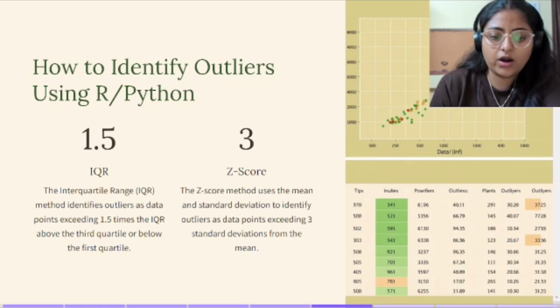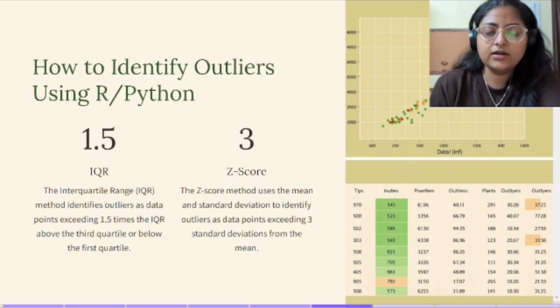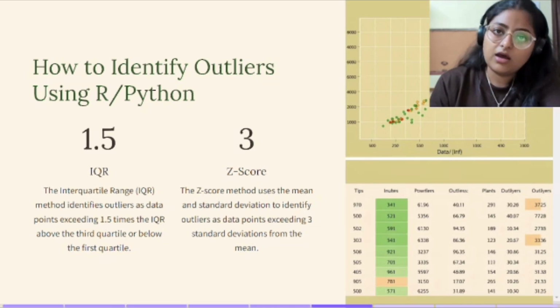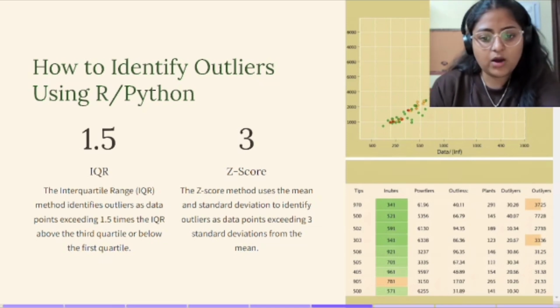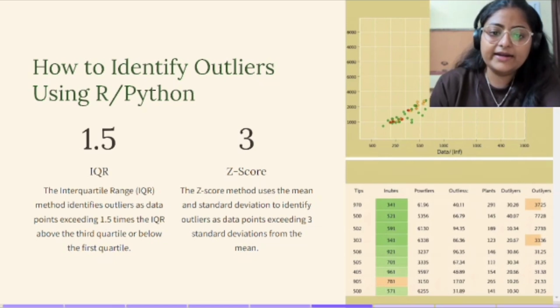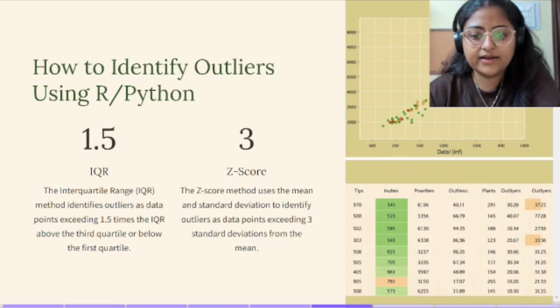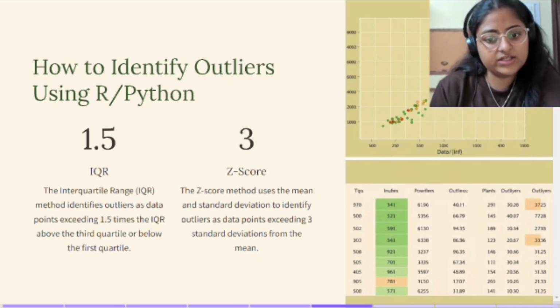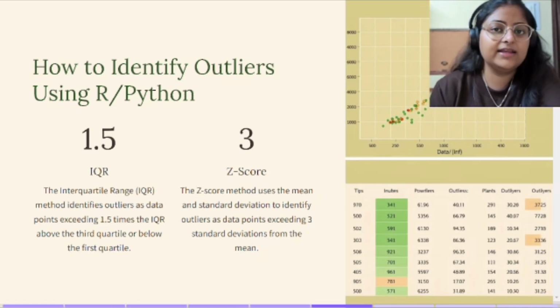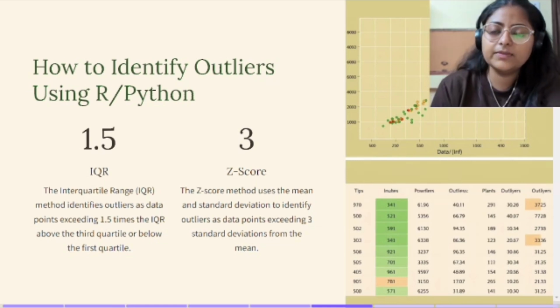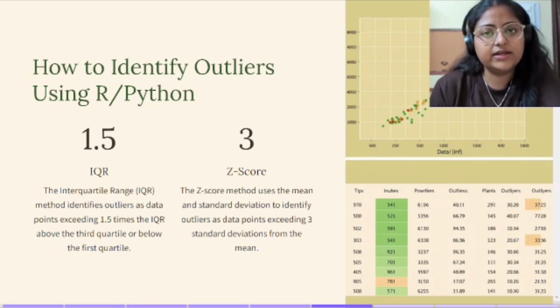Basically, we have a standardized limit of 1.5 times. If a value exceeds it, we consider it an outlier. The Z-score method uses the mean and standard deviation to identify outliers as data points exceeding 3 standard deviations from the mean. If it exceeds 3 standard deviations from the mean, we consider it an outlier.